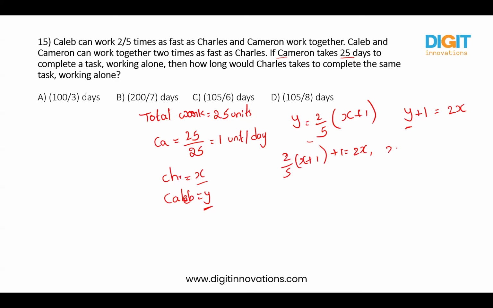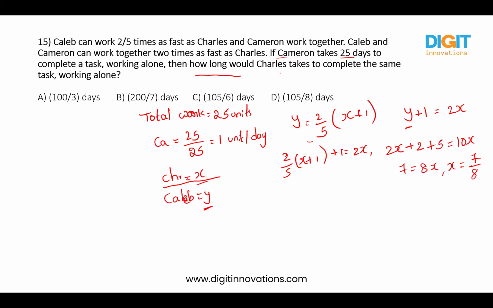So 2x plus 2, and when I take denominator 5, here would be 5 plus 5 equal to 10x. Okay, now here 7 equal to 8x. So x value is nothing but 7 by 8. X is nothing but Charles.